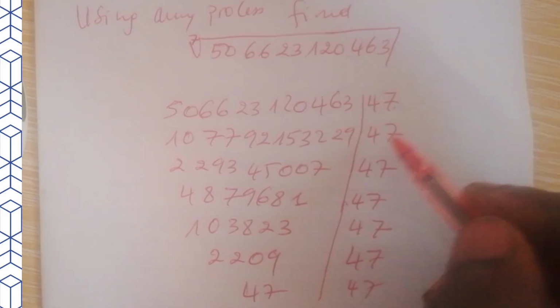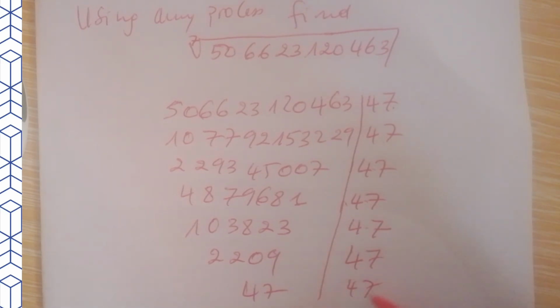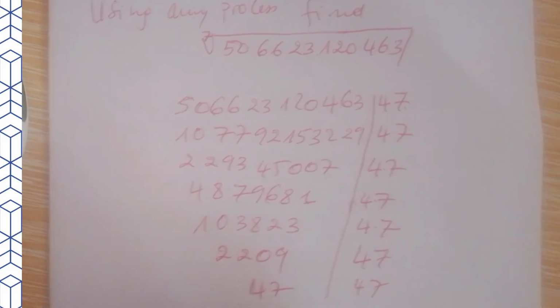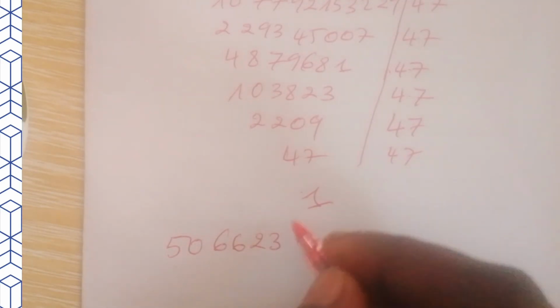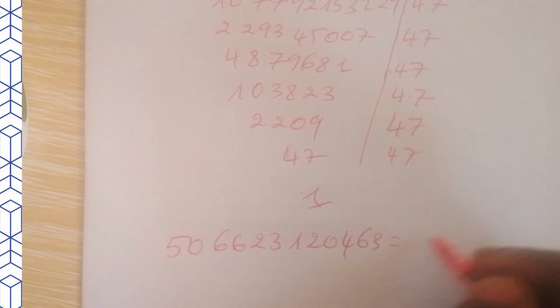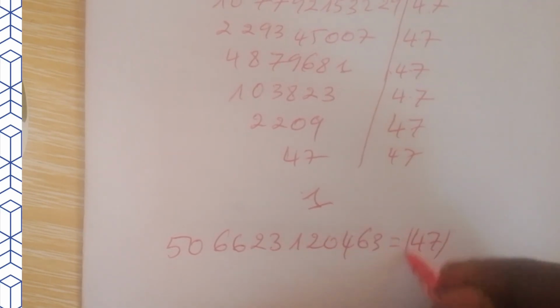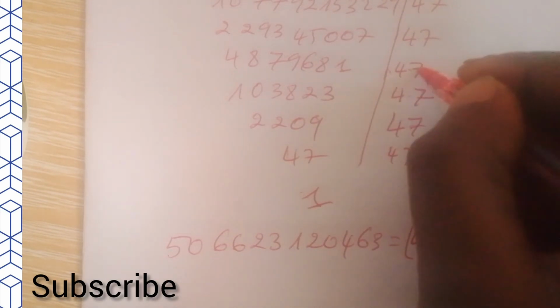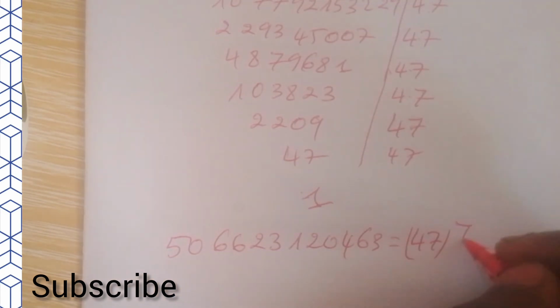So you get 1, 2, 3, 4, 5, 6, 7. It means that this number, 506623120463, is equal to 47 power 7.